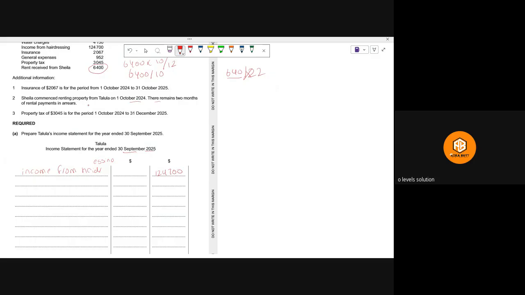Then we have to add the rent receivable. That was 6,400 plus 1,280. What is the total? It is 7,680.